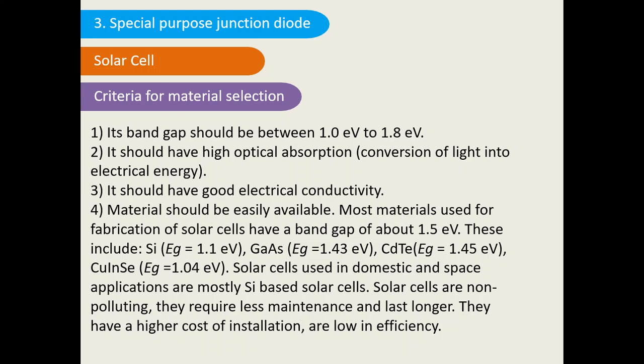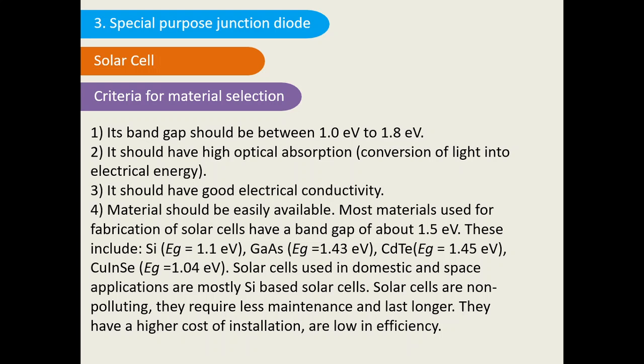It should have high optical absorption for conversion of light into electrical energy. That's why it is coated with an anti-reflecting material, so that reflection is avoided and absorption and transmission are more.